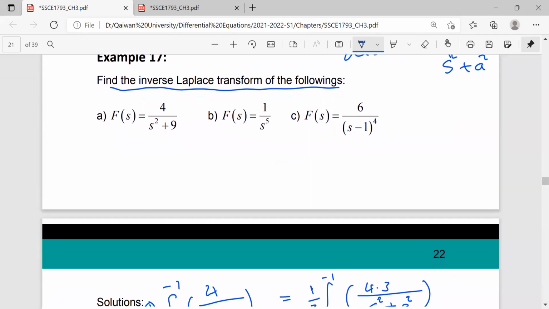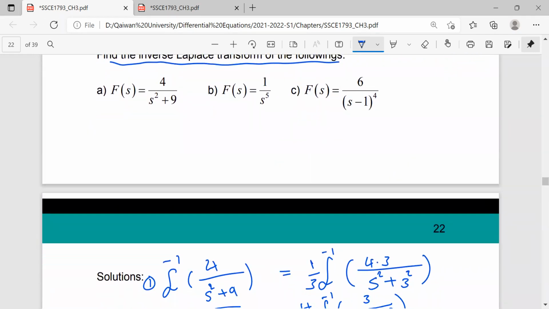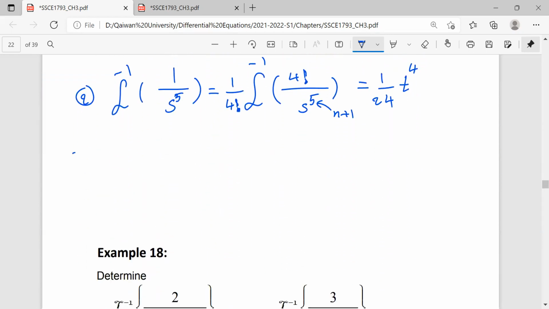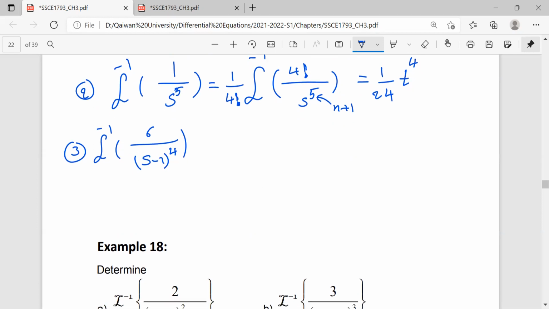The third one, F of s is 6 divided by s minus 1 to the power 4. The Laplace inverse of 6 divided by s minus 1 to the power 4. Since all the denominator is raised to an exponent, this is F of s minus 1.